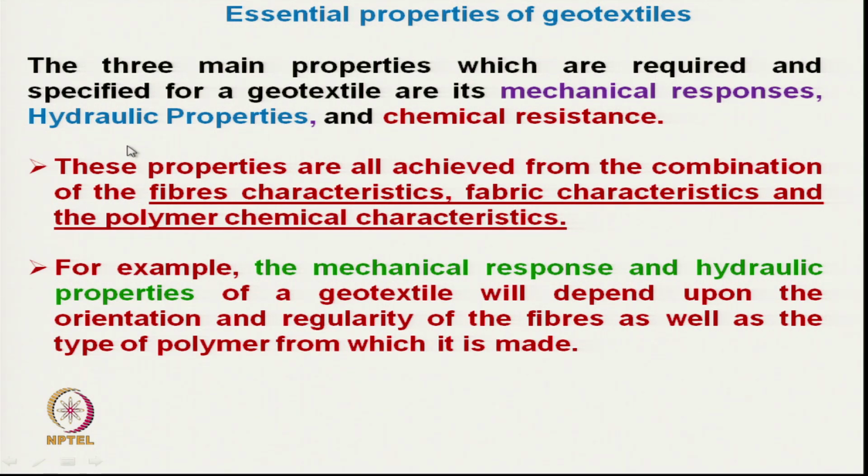So, for getting all these characteristics, we must consider the fiber characteristics. Take the diameter of fiber. A fiber with lower diameter may get attacked by the microorganisms present in the soil quickly due to its higher exposed area.